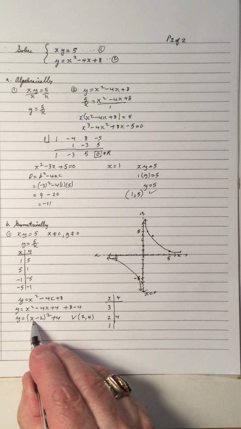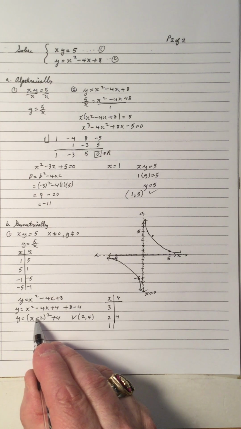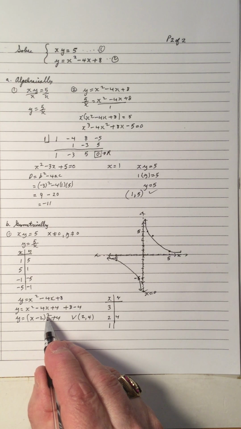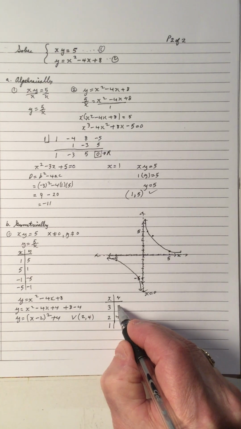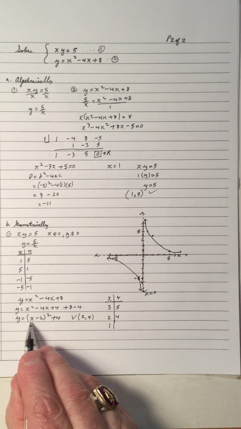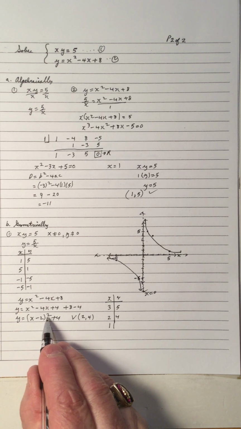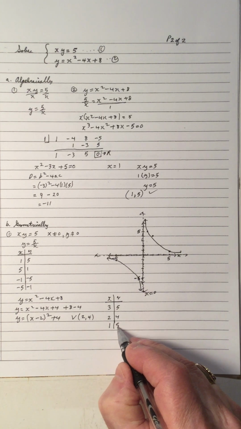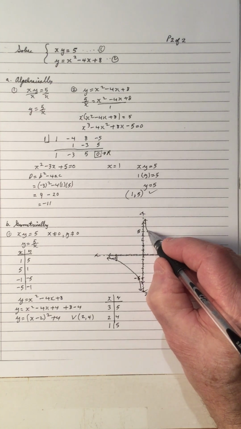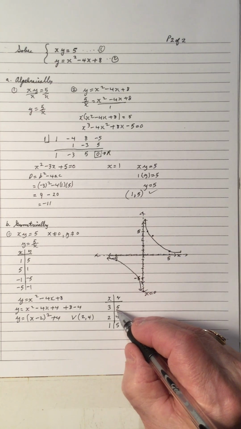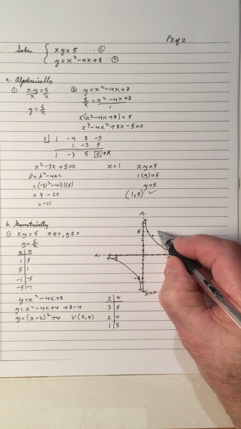So let's take 3 and put it in right here. 3 minus 2 is 1. 1 squared is 1. 4 plus 1 is 5. And we put a 1 in. 1 subtract 2 is negative 1. Negative 1 squared is 1. 1 plus 4 is 5. So a 1 gives me a 5, and a 3 gives me a 5.